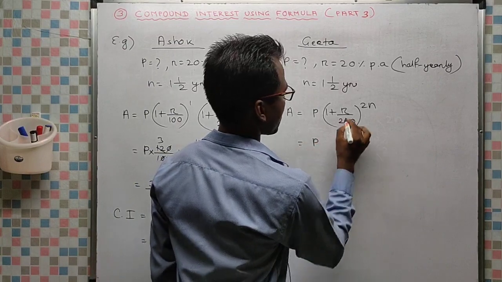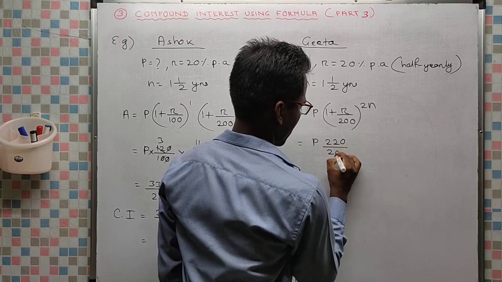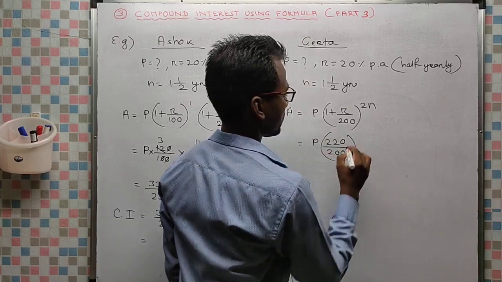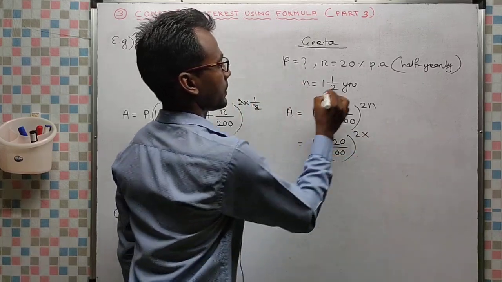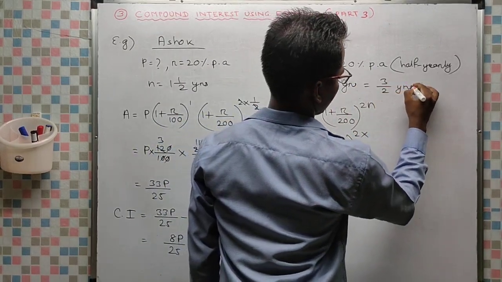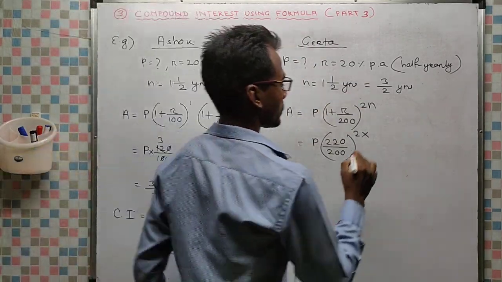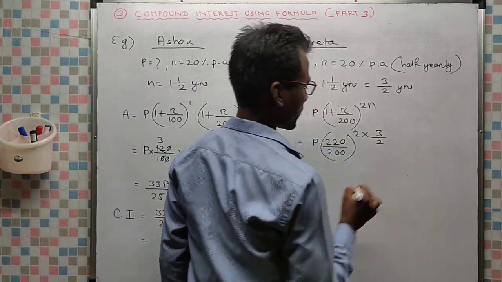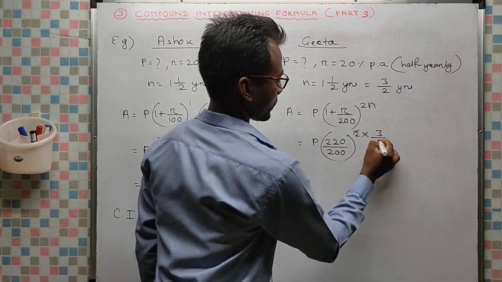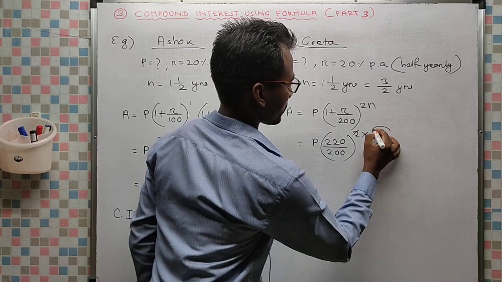P we don't know, R is 20%, so 220 by 200, 2 into 1.5 years means 3 by 2 years. So 2 into 3 by 2, the 2 cancels. Why did we get 3?